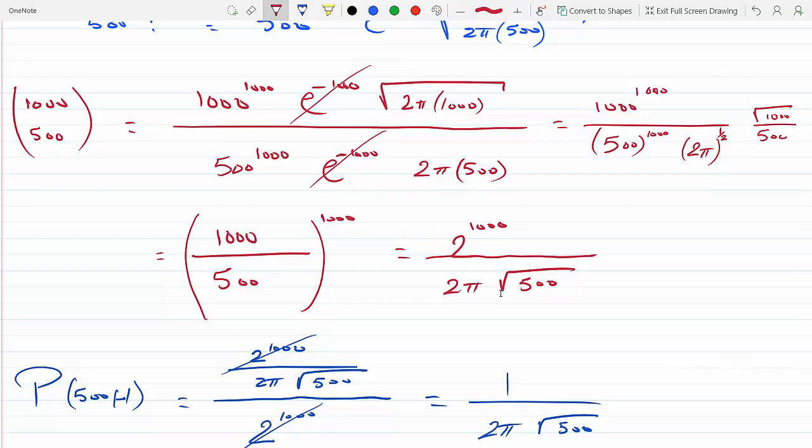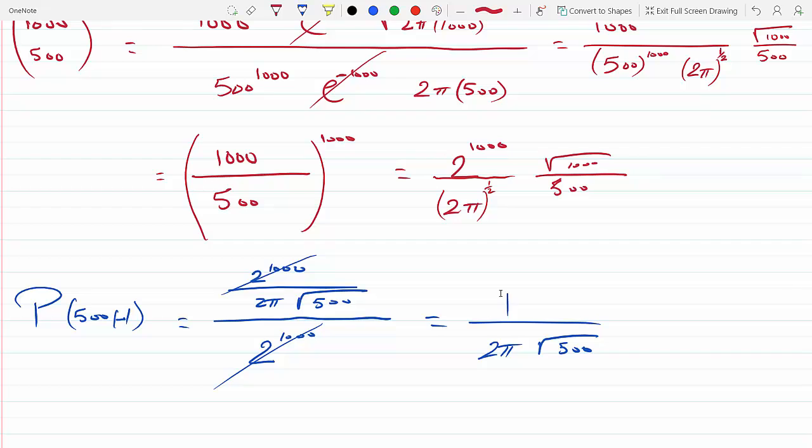Then these terms will carry over, so this is to the half, and this here is supposed to be square root 1000 over 500, which would carry over here. I apologize. Okay, corrected.